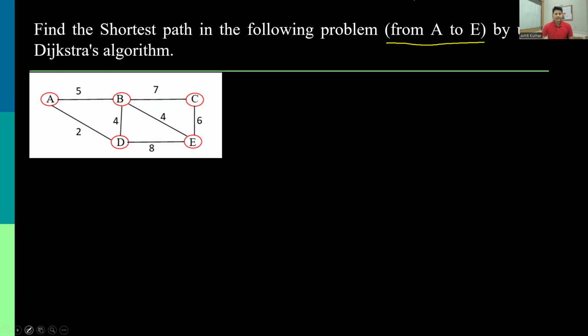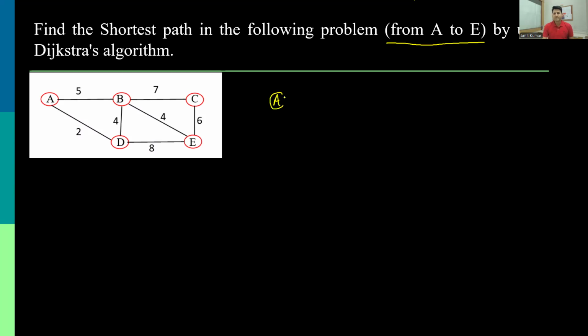As we are supposed to find the shortest path from A to E, we'll give the shortest path and along with it, the shortest distance too, because the ultimate goal of finding the shortest path is that we are interested in finding the shortest distance too. Okay, so we should start from vertex A.